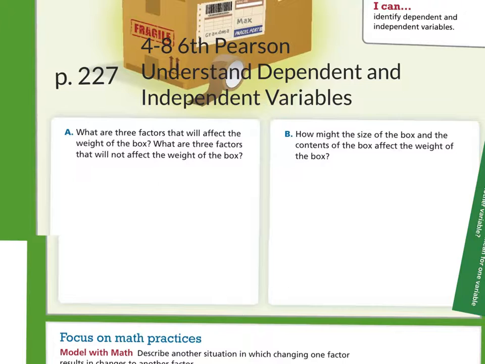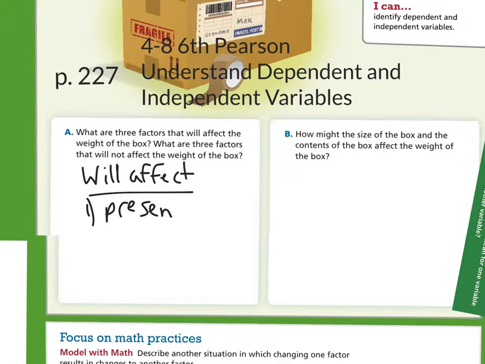So, things that will affect the weight. One thing would be the present, or the present's weight. What the present is basically is affecting the weight here.